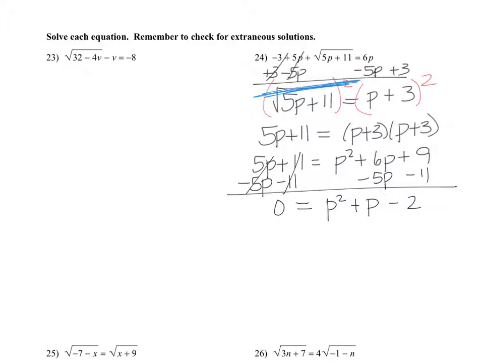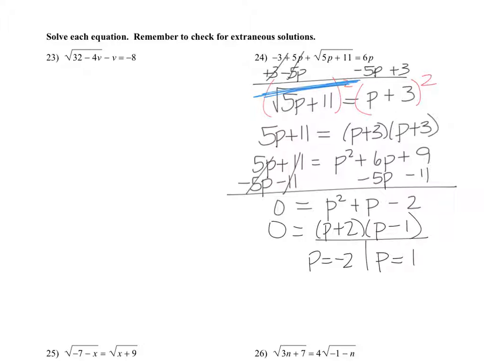And now I'm going to factor this trinomial. I can use the AM method, so I should get p plus 2, p minus 1. And my two answers are p equals negative 2 and p equals positive 1.